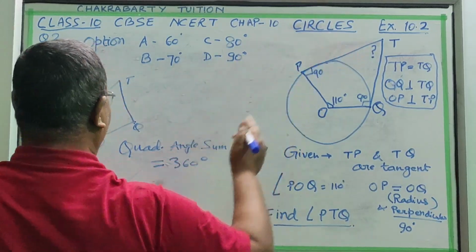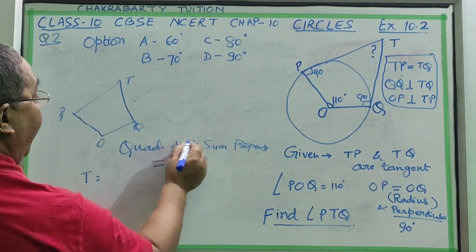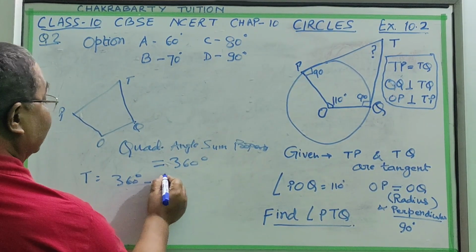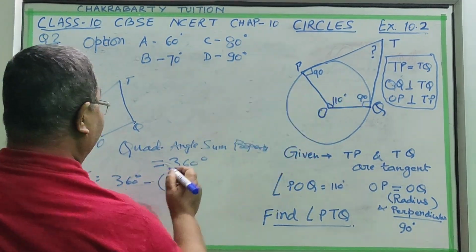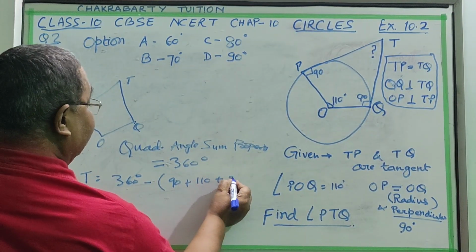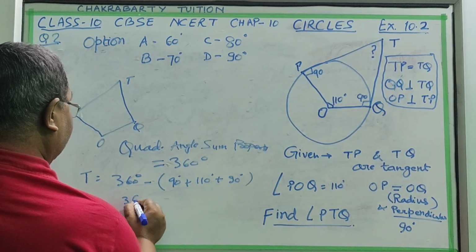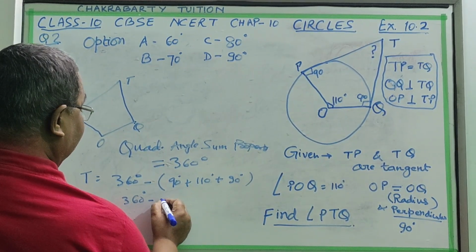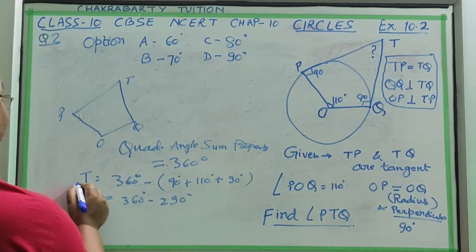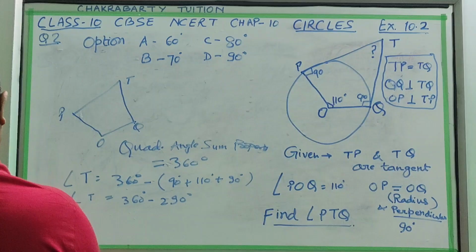So now we can solve it. So T equals 360 degree minus 90 plus 110 plus 90, is equal to angle T. So angle T will be equal to how much it will come?